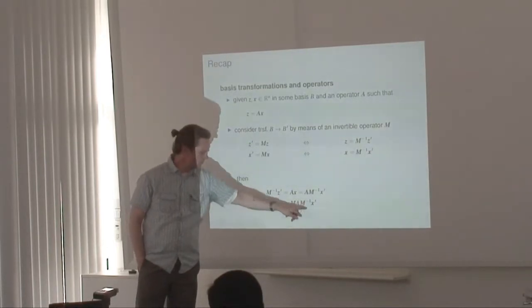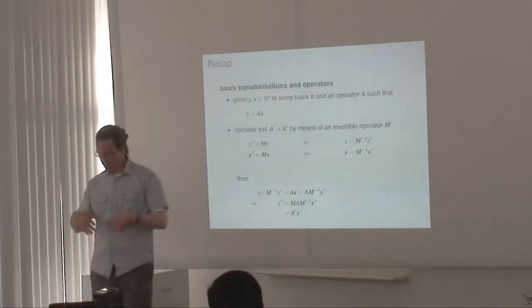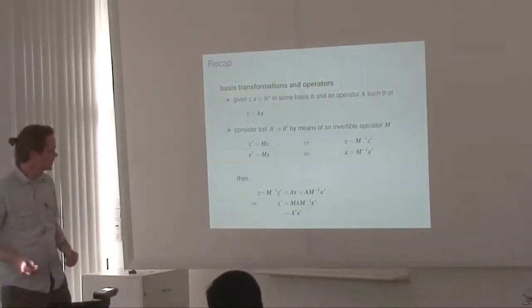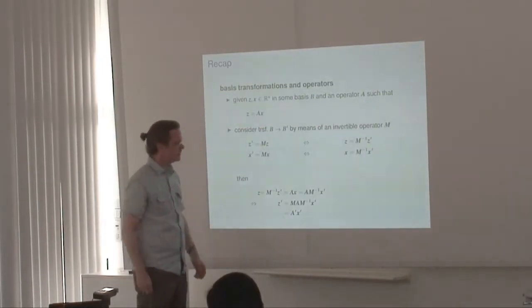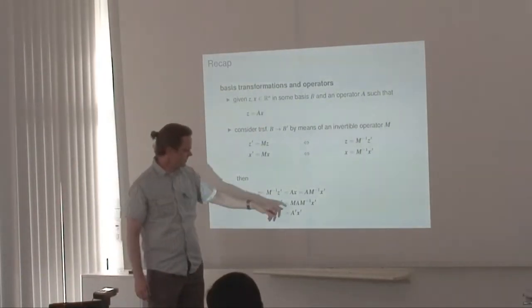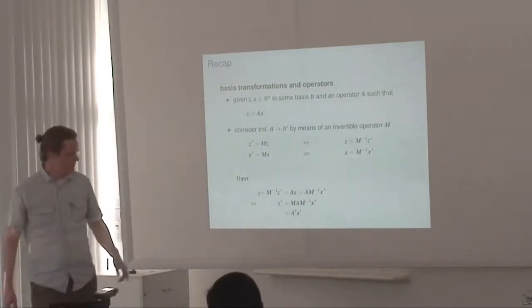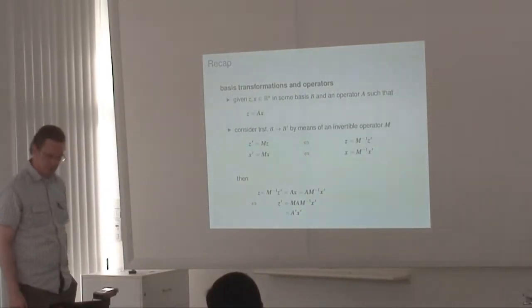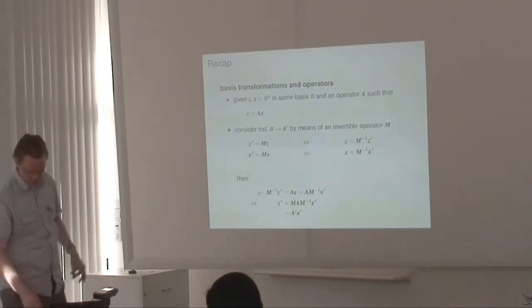And the important point is that this A prime is a matrix that results from multiplying the original matrix A by this basis transform and its inverse, that is, m times A times m inverse. All right? This is indeed just algebra here.